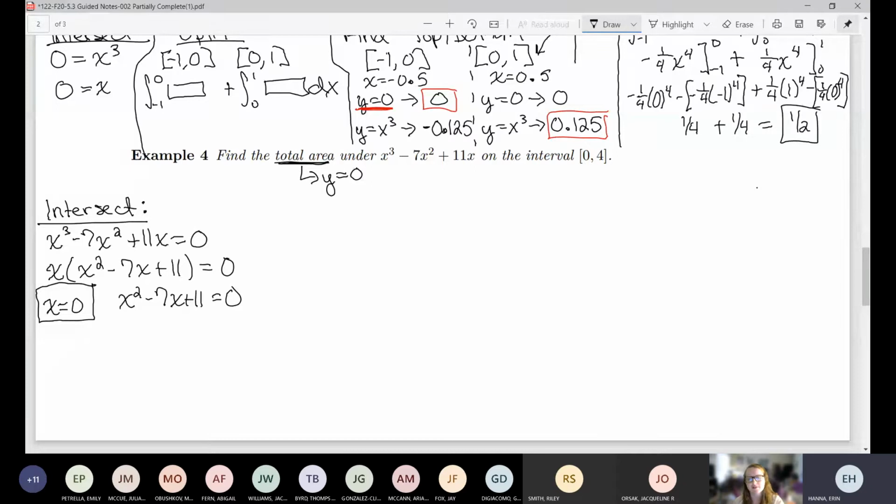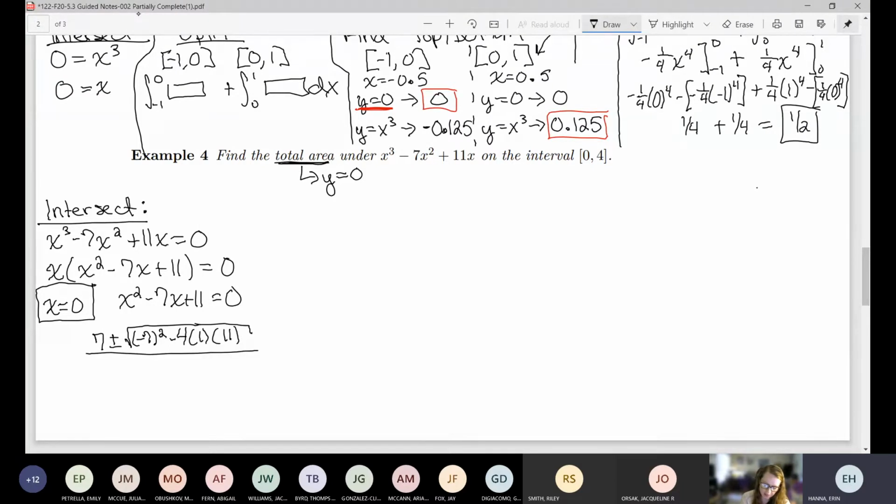Unfortunately, that's not factorable because there don't exist two numbers that multiply to 11 and add to -7. So we will have to use the quadratic formula. We'll have negative b, so negative -7 gives us positive 7, plus or minus the square root of b squared minus 4 times a times c.